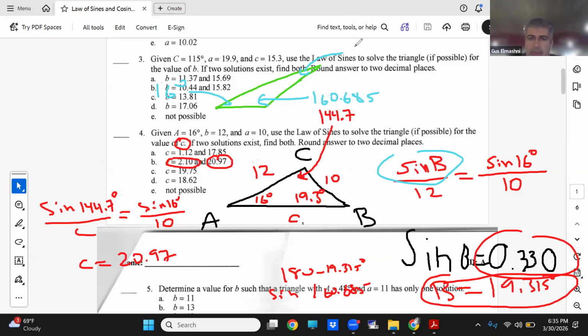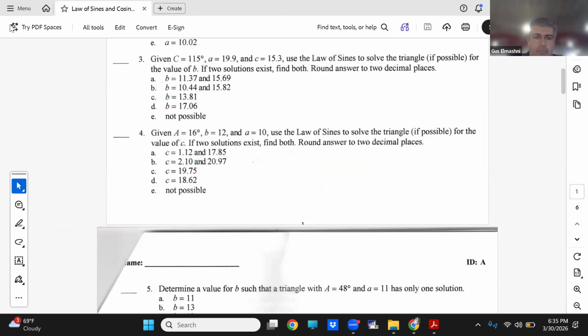So that's 3.315 degrees. So anyhow, and then you can solve for the other side.